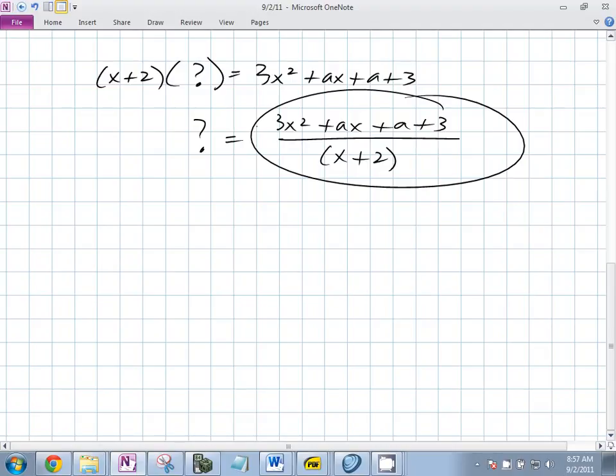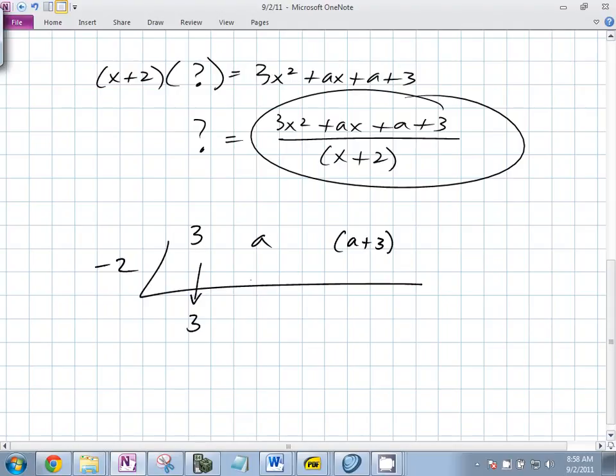If you're dividing by x plus 2, what number are you running through synthetic division? -2. And what are the coefficients of this quadratic in the numerator? 3 and a are coefficients, and a plus 3 is the constant. That's the trick to this. So what do you do first in polynomial synthetic division? You drop down, multiply by, add them together, multiply by.